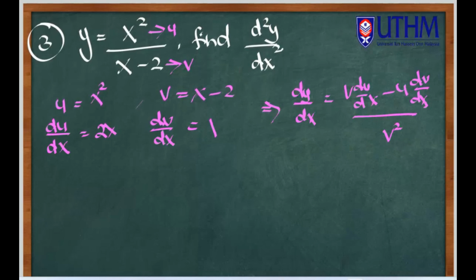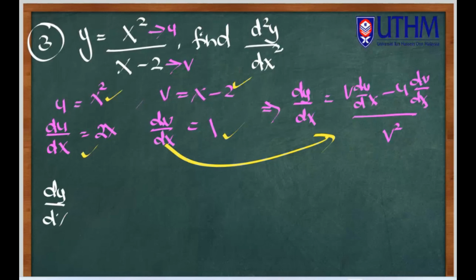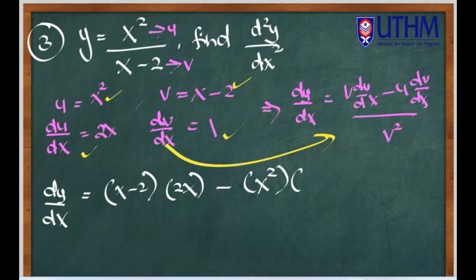Now we just substitute everything that we have obtained into the formula. So our dy/dx will be x minus 2 times 2x, minus x squared times 1, divided by x minus 2 squared.